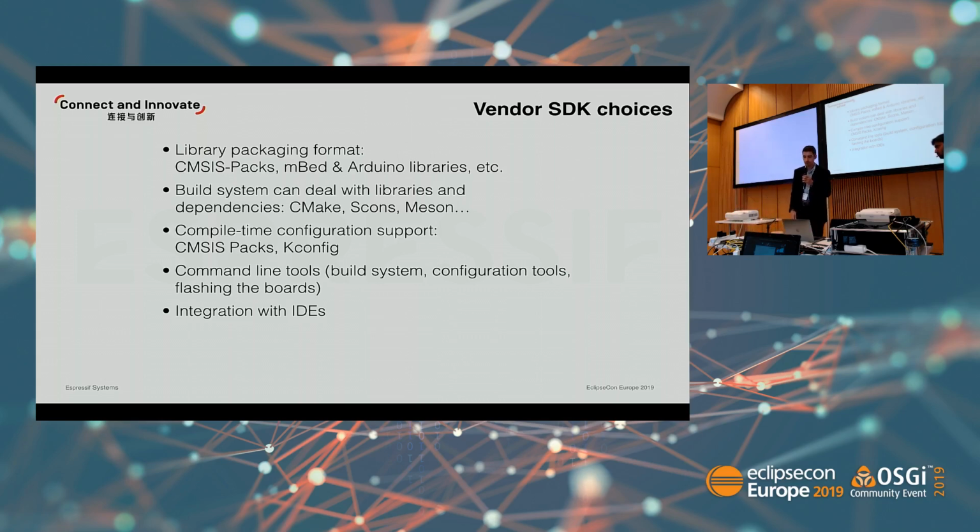But in the embedded space, there is a variety of different packaging formats like ARM. ARM member companies typically use CMSIS. So CMSIS packs address this problem, but there are many solutions and they're not compatible. So basically everyone has to invent something of their own.